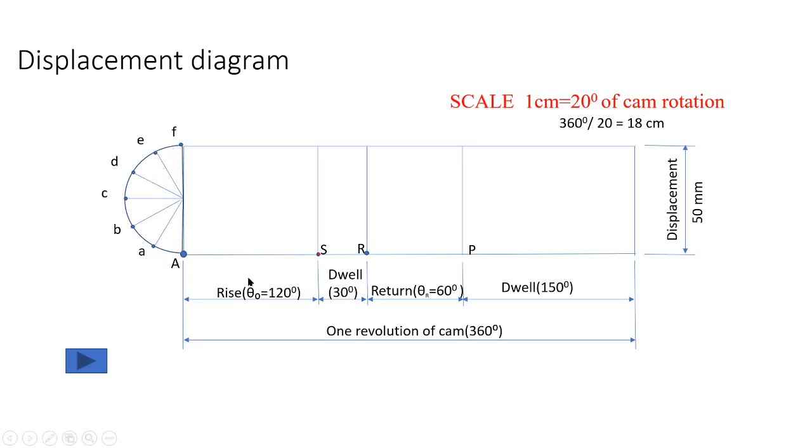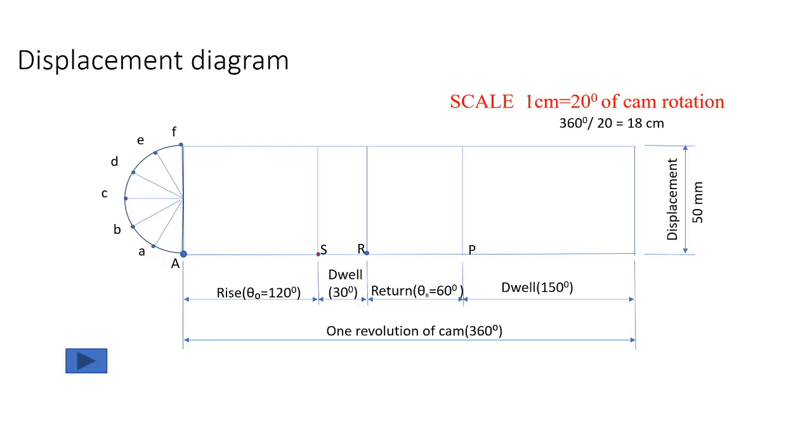Now divide the outstroke and return stroke into 6 equal parts. Here I have divided the semicircle into 6 equal parts. Divide the outstroke and return stroke into the same number of even equal parts.